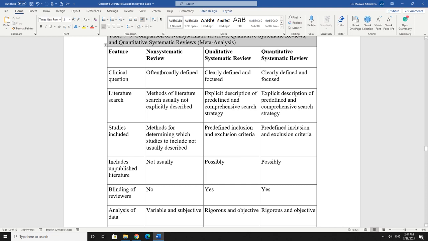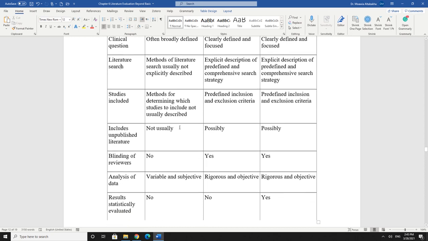Usually for non-systematic, as I said, it's broad, while in systematic it's focused, very specific. In the literature search, the method is not described. They don't tell you where they searched, how, or depending on what. But in systematic reviews they say that.